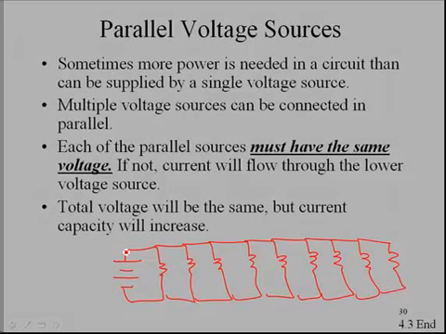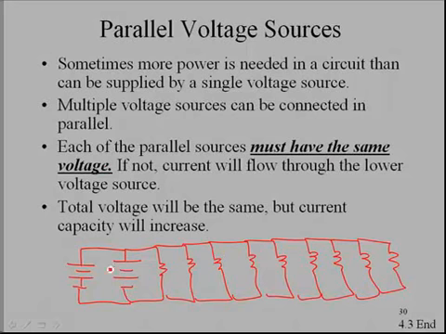So what you can do is put another power supply in here and connect it in parallel with this power supply, and this could help in supplying the additional current needs of all these components.